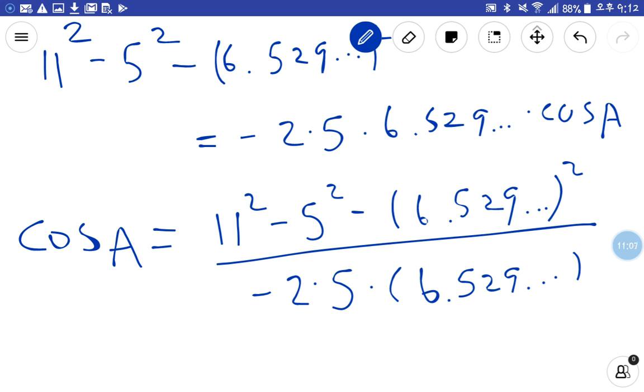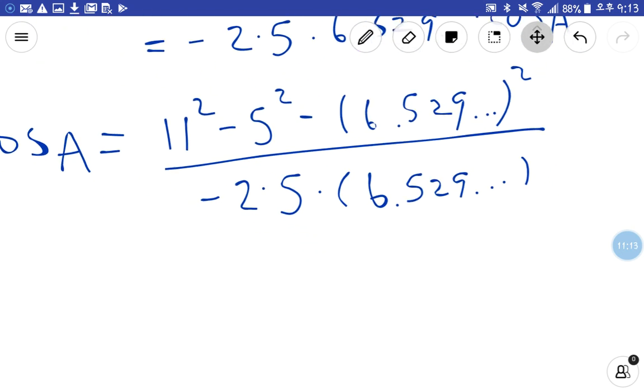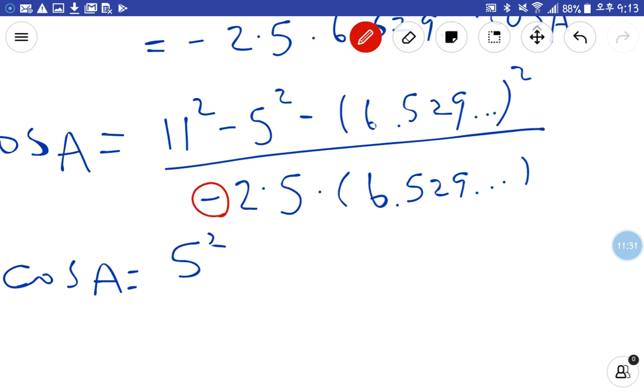So actually in our book, we deal with the negative so that you end up having this. Your cosine A equals 5 squared. So I just changed my minus into the plus and my plus into negative oppositely because of this negative. So this negative affects all the signs; they are opposite here and here and here.